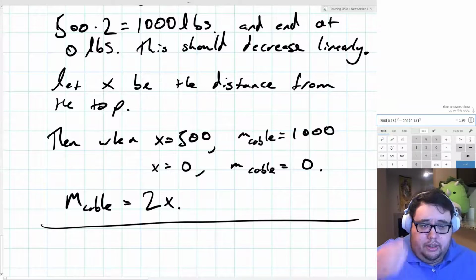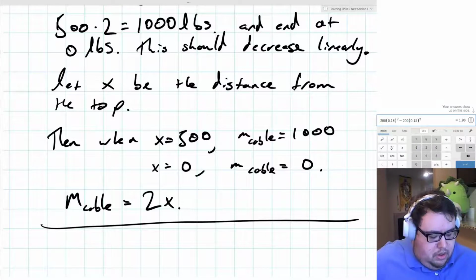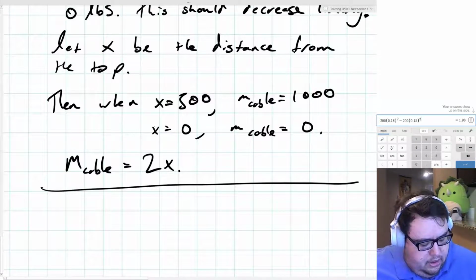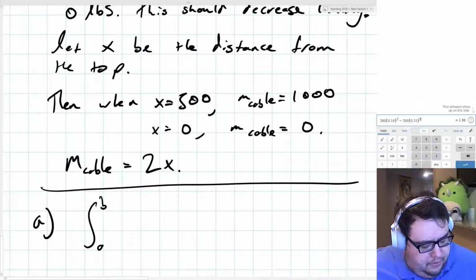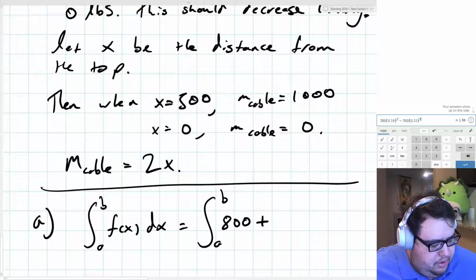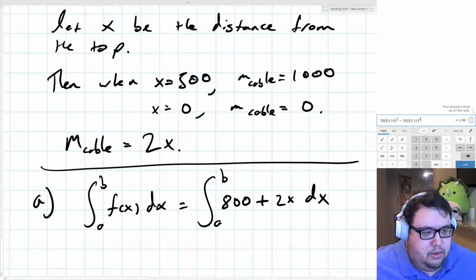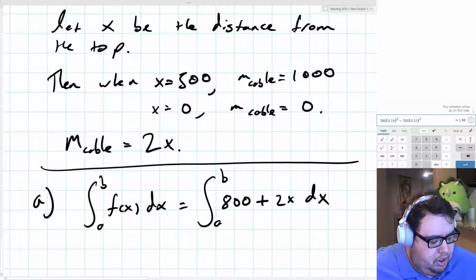So now we can set up our integral. Our integral for part A will be the integral from A to B of f of x dx, which will be the integral from A to B of 800 plus 2x dx. And x is the distance that remains. It's how much further we have to go.